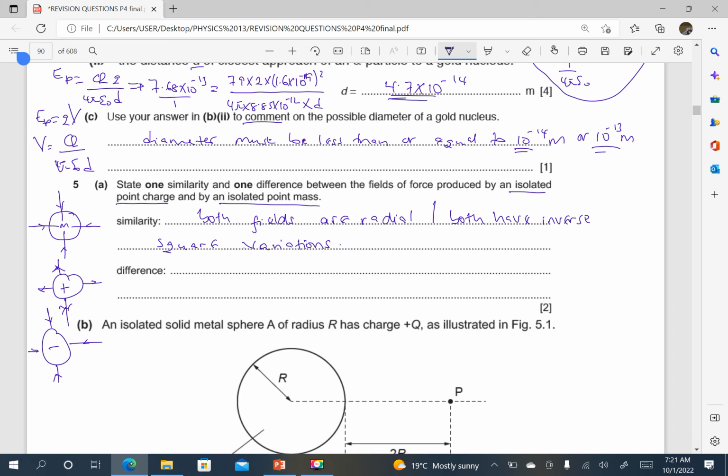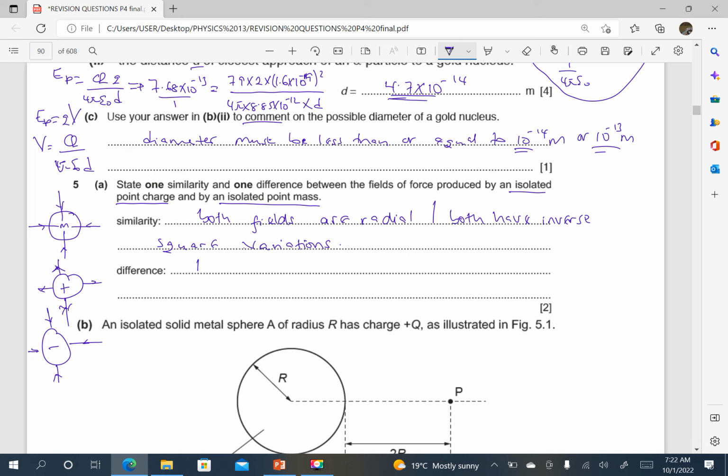That's what it means. Both fields are radial, but for the difference, we know that those of masses are always towards the mass, but those of the charge can be towards or away from the charge depending on the sign of the charge.